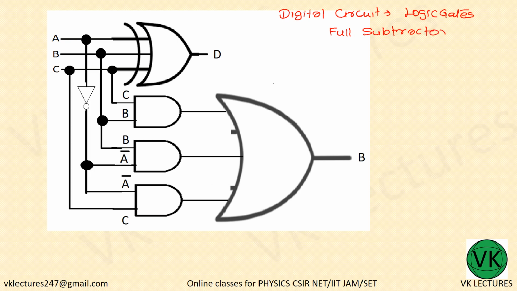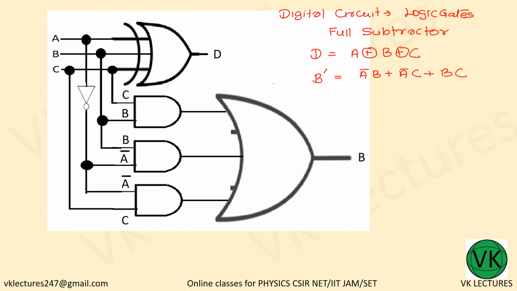And where the difference in the full subtractor is given by A XOR B XOR C, and the borrowing output is given by A bar B plus A bar C plus BC.